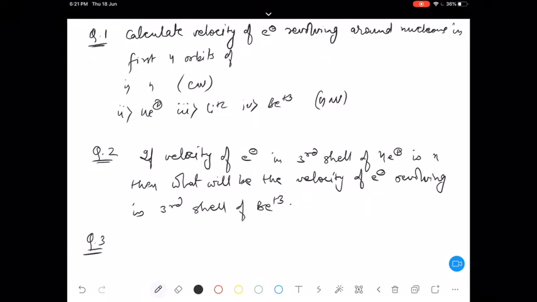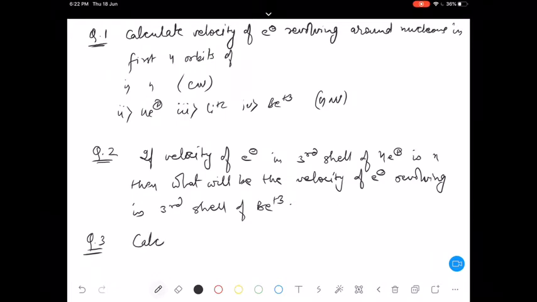Question number 3. I'm not asking frequency, but let's calculate time taken. If I can calculate time taken, I can calculate frequency as well.